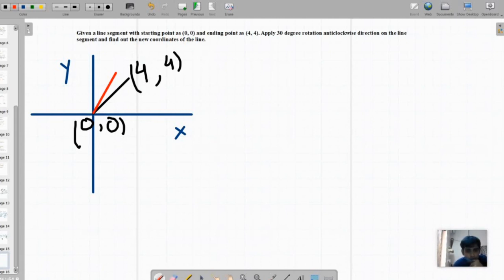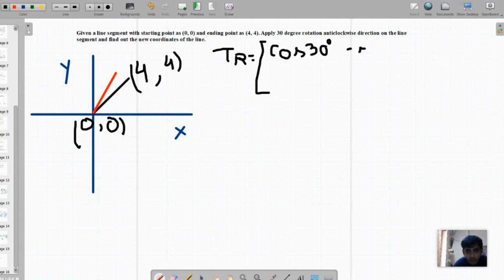So let me start solving the problem. We are told that the angle of rotation is 30 degrees. So our rotation matrix will look something like TR equals to, if you can recall, the rotation matrix in generalized form was cos theta. That means in this particular problem, theta is 30 degrees.